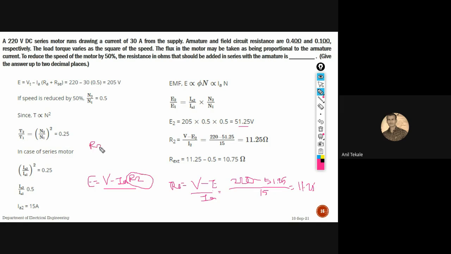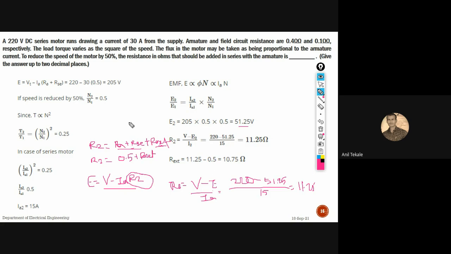But what is the equation for R2? R2 is RA plus RSE plus R external, right? So to calculate R external, we have to subtract. R2 is equal to RA plus RSE, that is 0.5, plus R external.